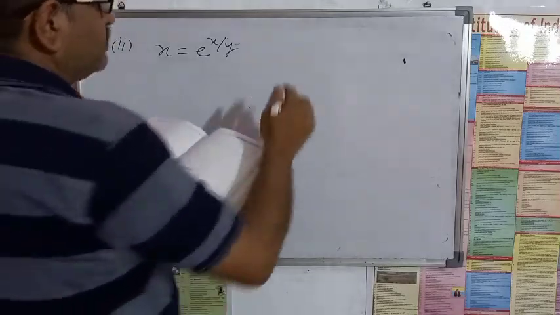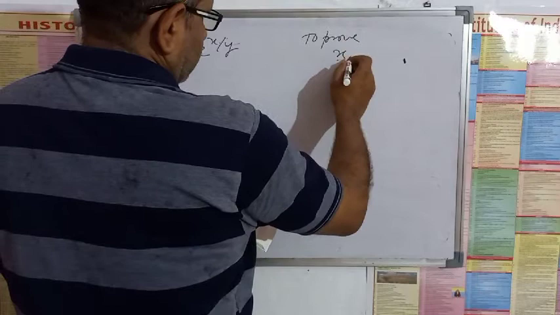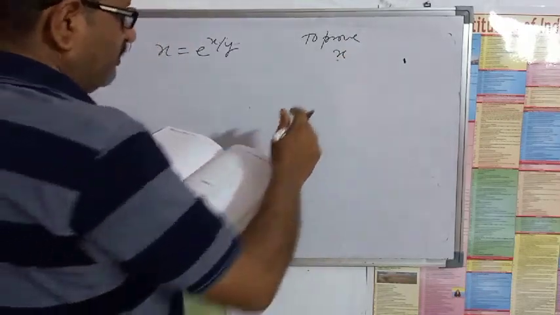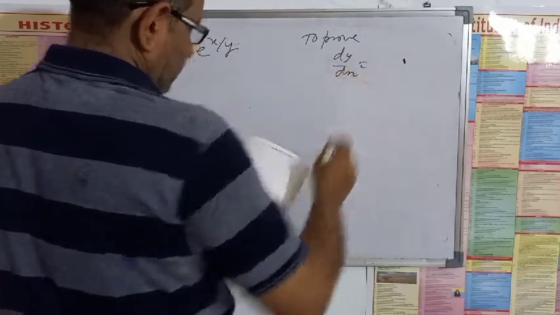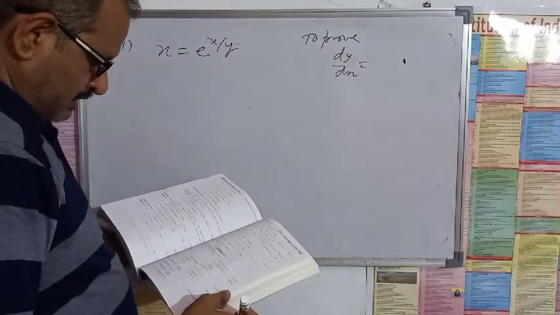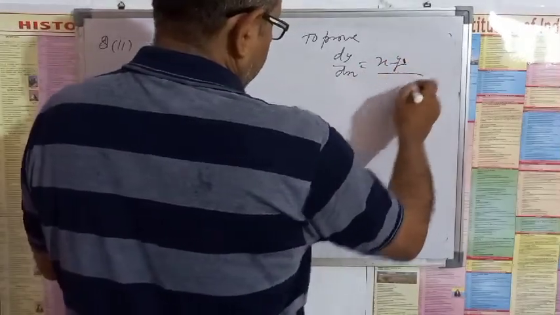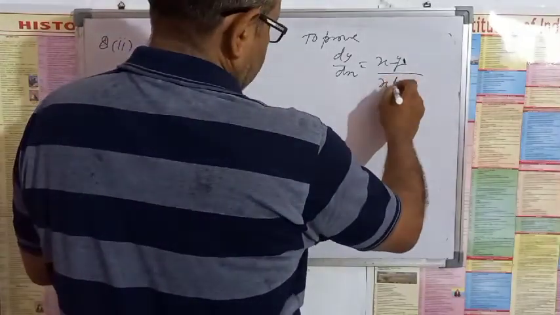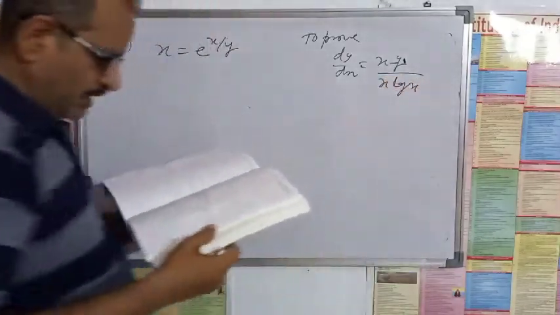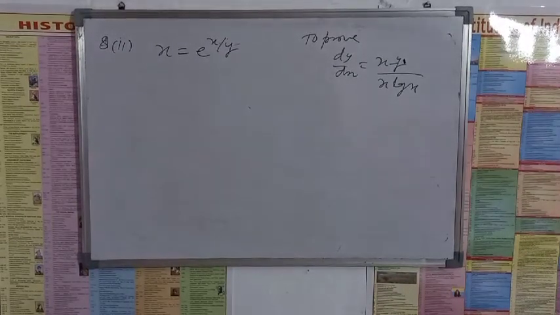Prove that dy by dx is equal to x minus y whole upon x log x. We have to prove it.